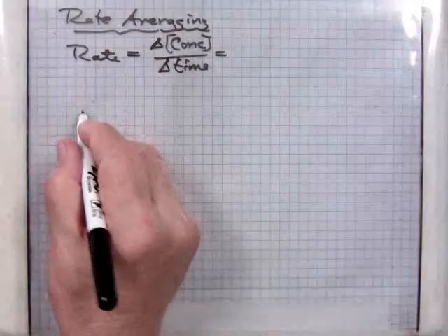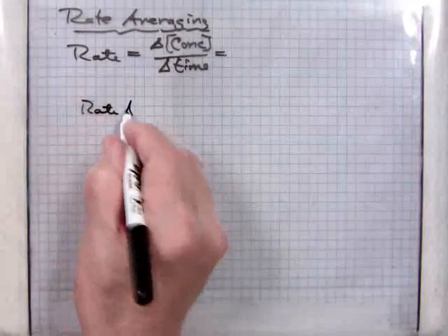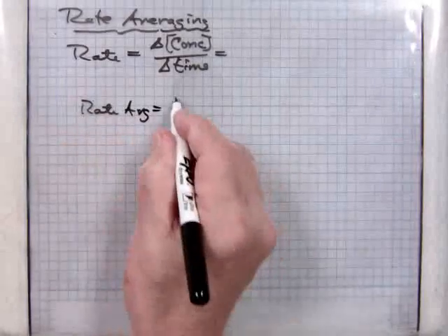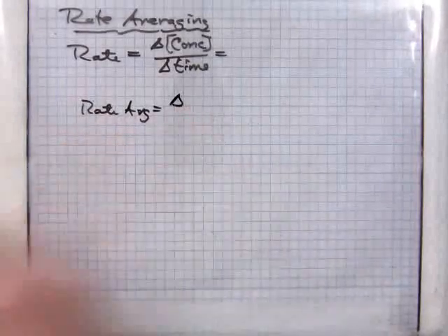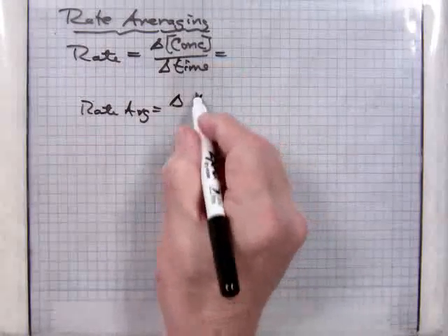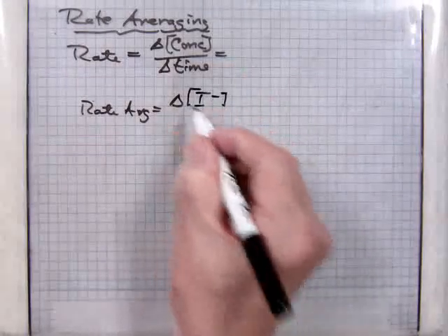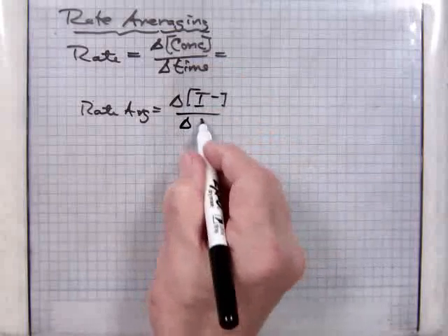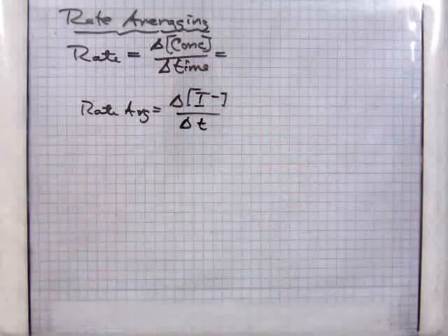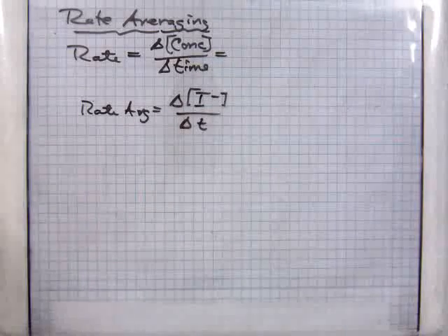So your rate average is your change in iodide concentration divided by change in time. So that is the expression that defines that rate.